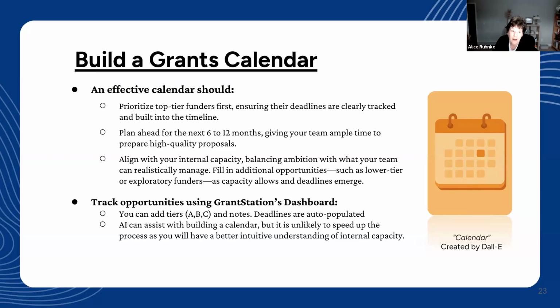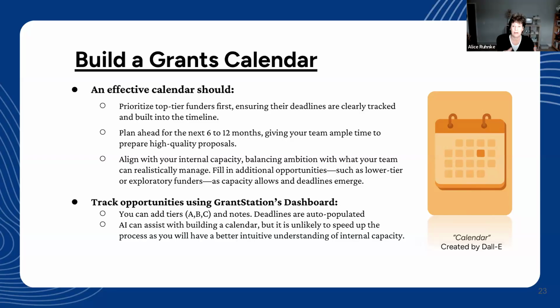So now that we have narrowed down that list and created these A, B, and C tiers of funders, putting your calendar together, obviously, you want to take your A funders, the top funders, and put them into your calendar, making sure that you have the time to complete those applications based on their deadlines and things like that.